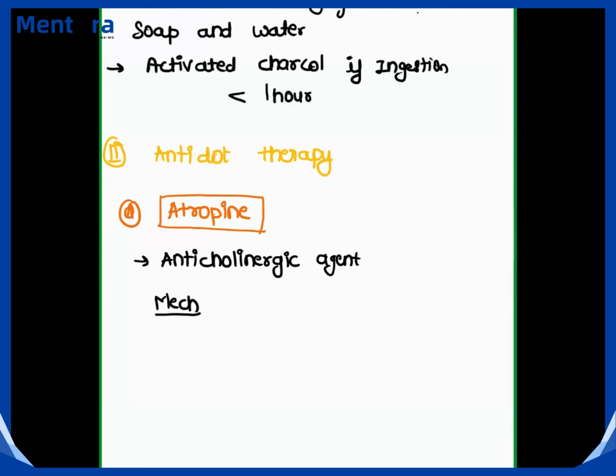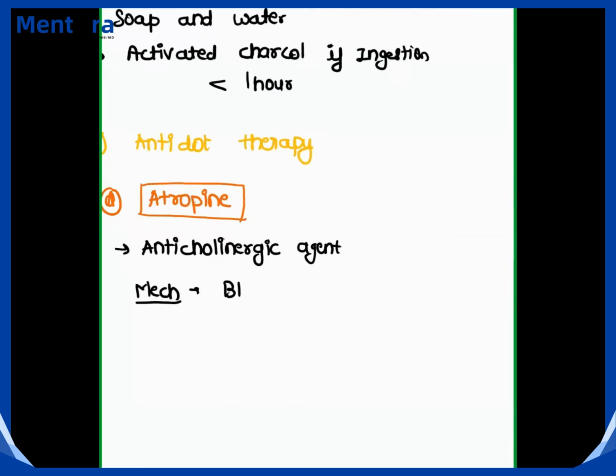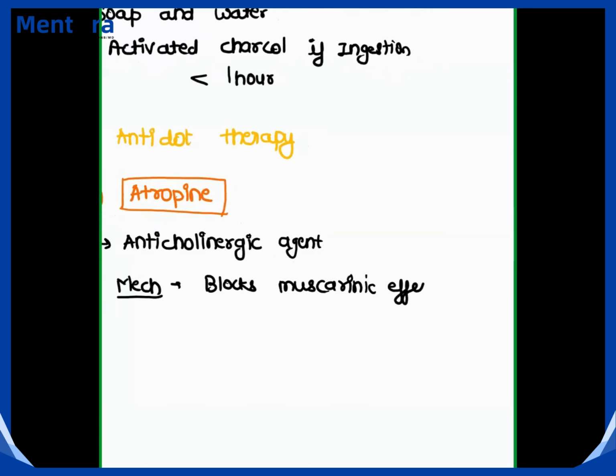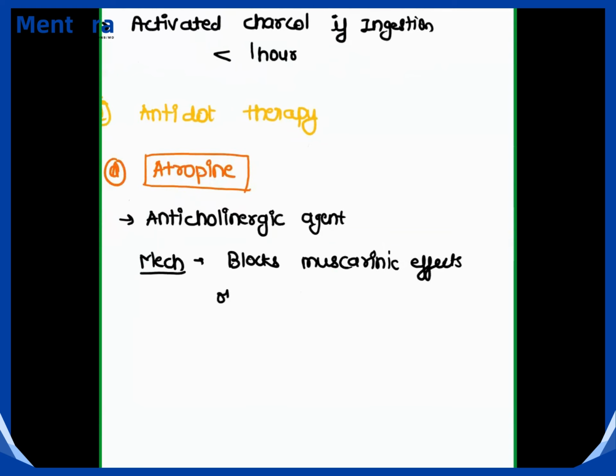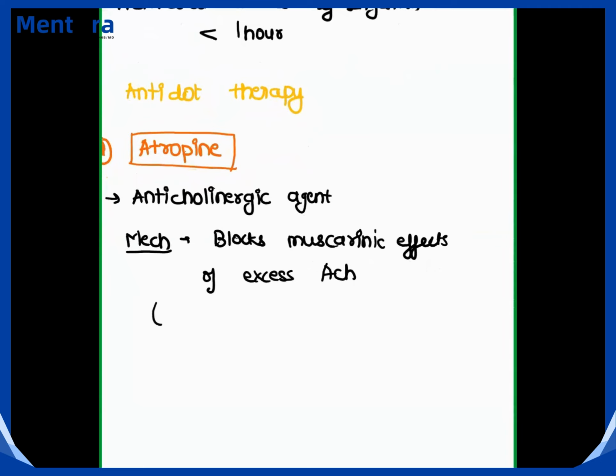And the mechanism of action of atropine is it blocks muscarinic effects of excess acetylcholine like salivation, bronchorrhea, and bradycardia. It blocks these effects.